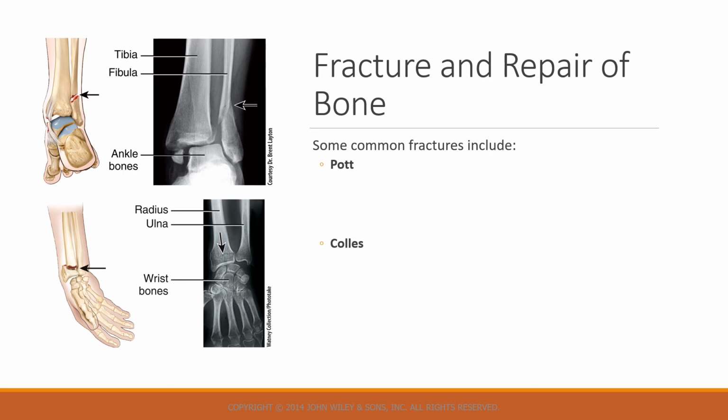Pott's fractures occur when the distal end of the lateral leg bone, the fibula, breaks. So the distal fibula breaks. And there's also serious injury to the distal tibial articulation.